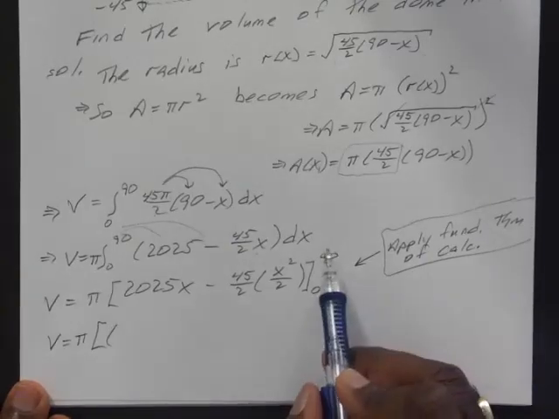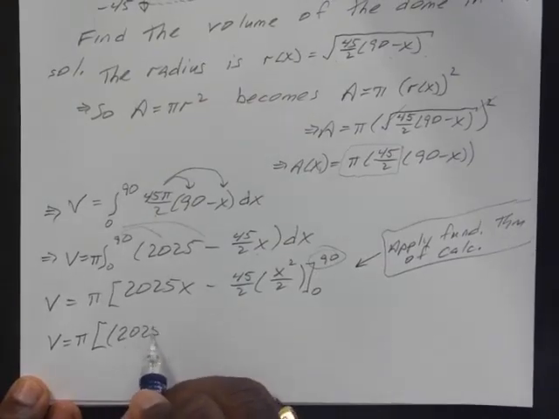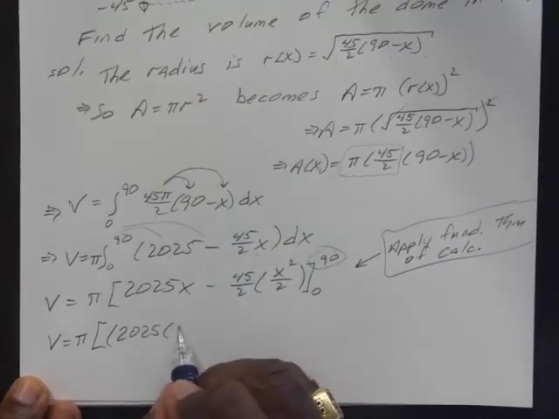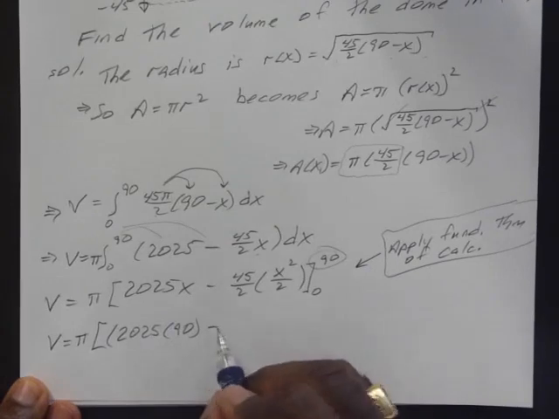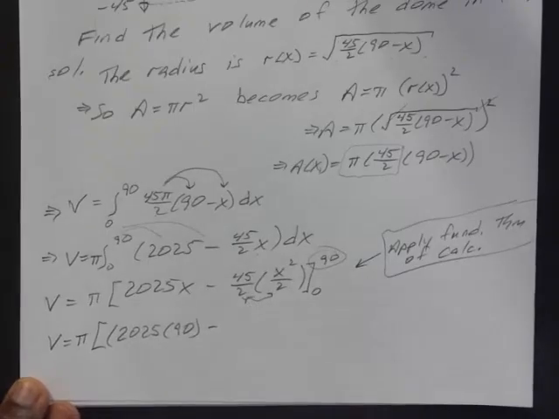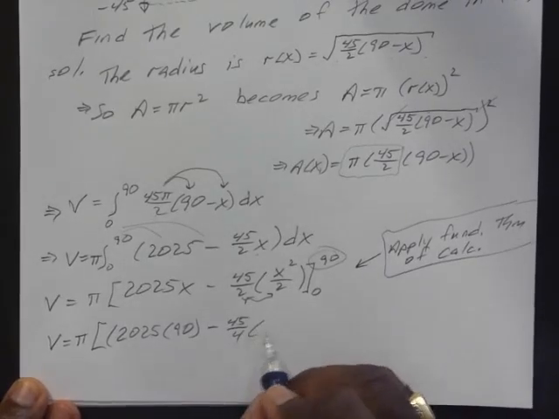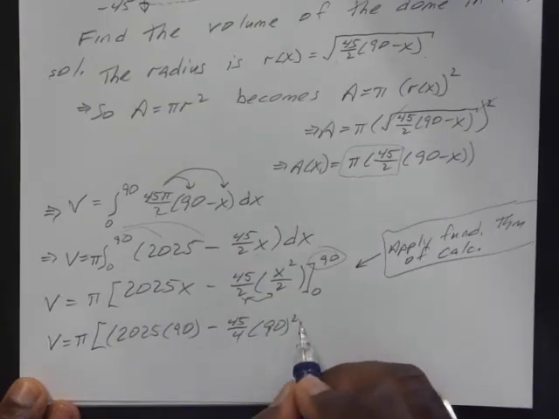Okay, so we go ahead and plug in our upper bound. That's 2025 times 90 minus, and I'll just make this 45 over 4, times 90 squared.